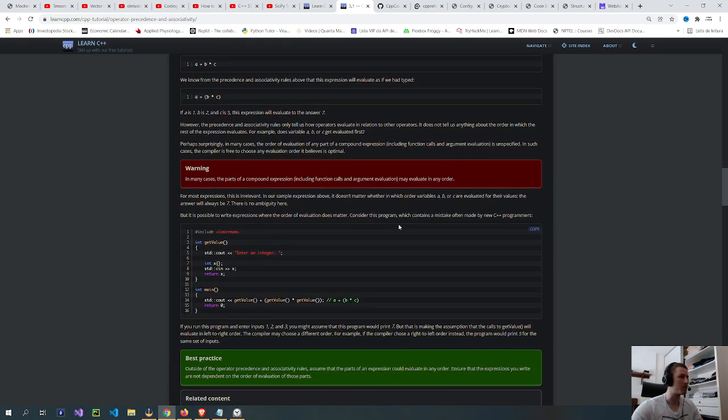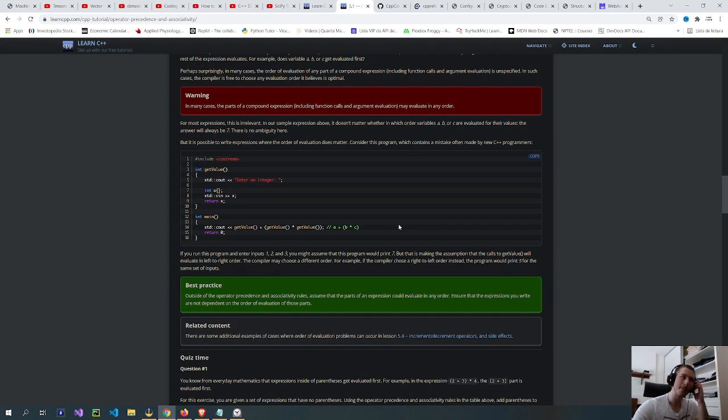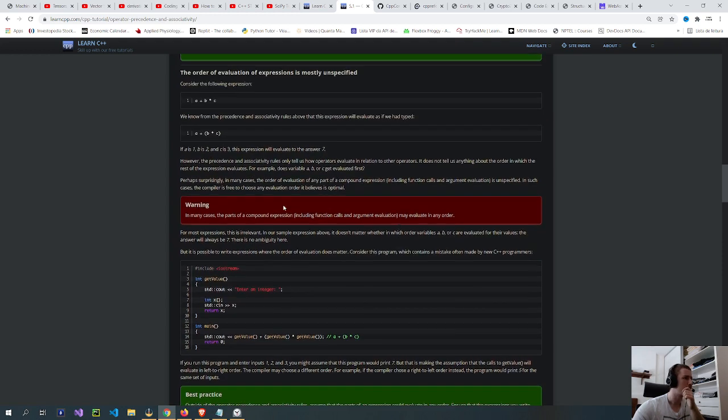Warning: in many cases, the parts of a compound expression, including function calls and argument evaluation, may evaluate in any order. Now, the precedence and associativity rules: if a is 1, b is 2, and c is 3, this expression will evaluate to the answer 7.